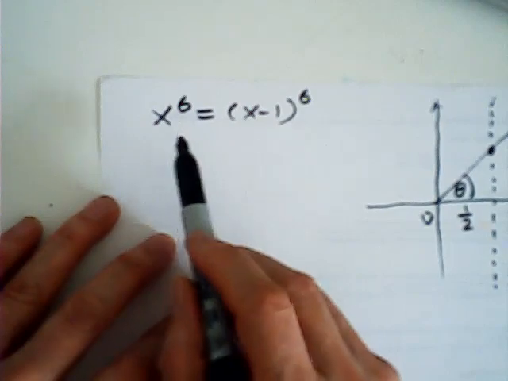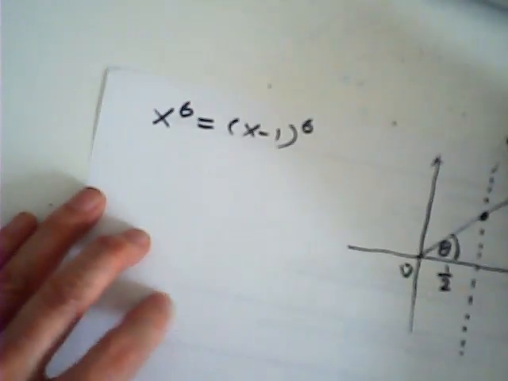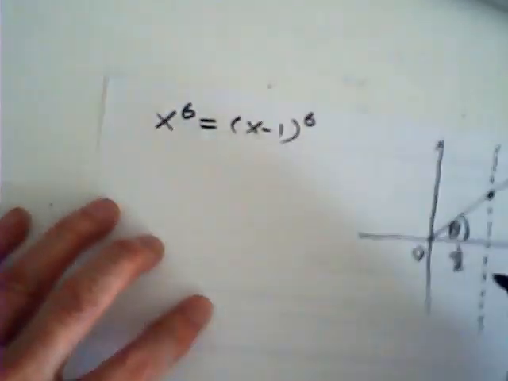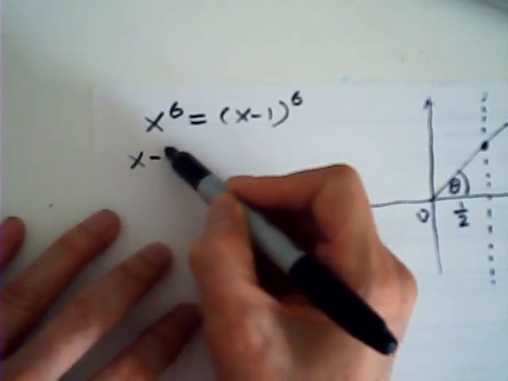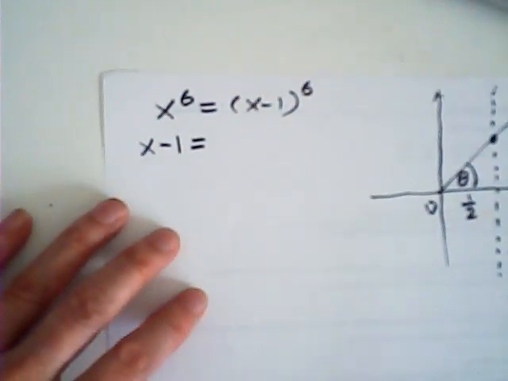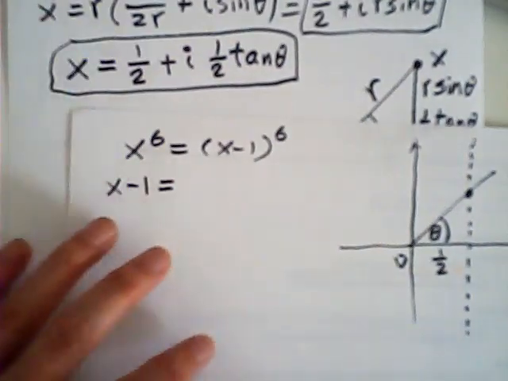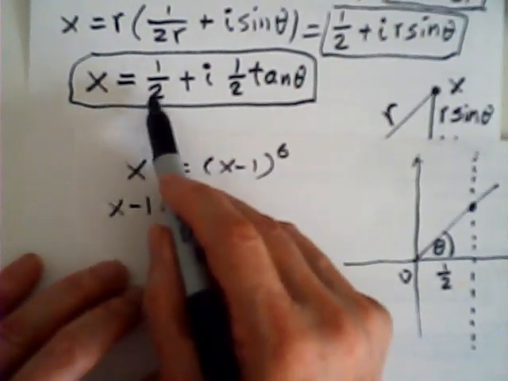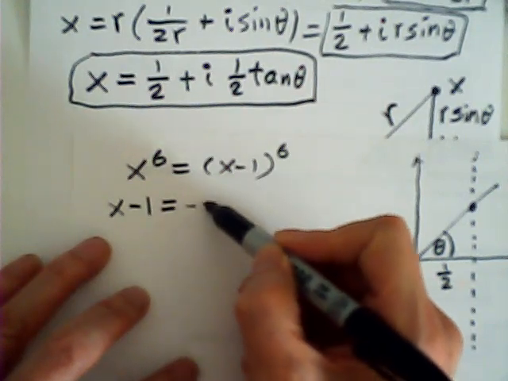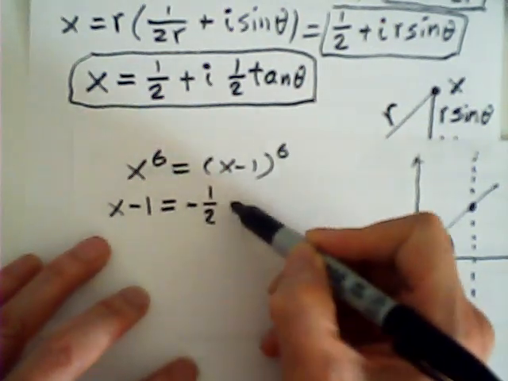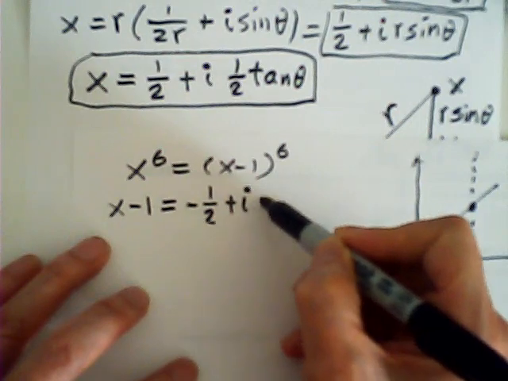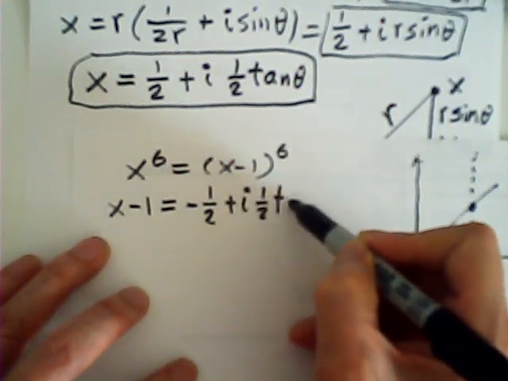X is on this vertical line. What is x minus 1? X minus 1 is this minus 1. So this one is equal to minus half plus i half tangent theta.